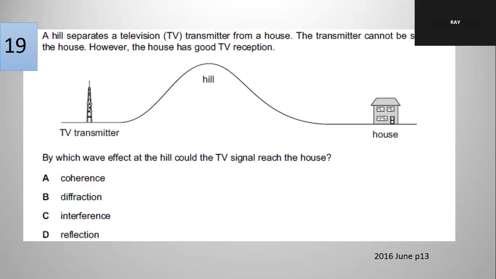A hill separates the television transmitter from a house. The transmitter cannot be seen from the house. However, the house has good television reception. By which effect at the hill would the TV signal reach the house?